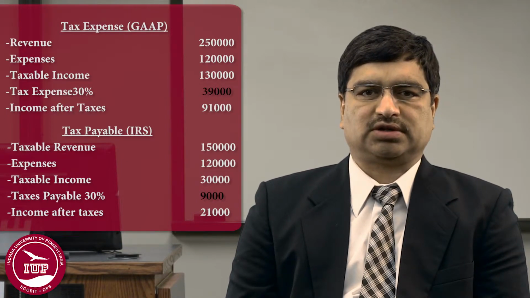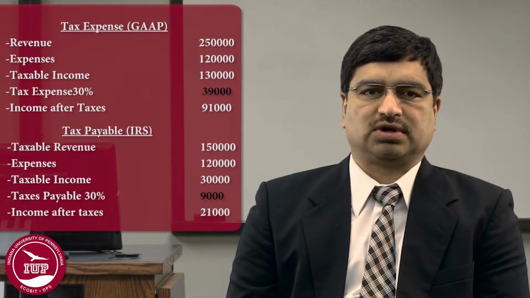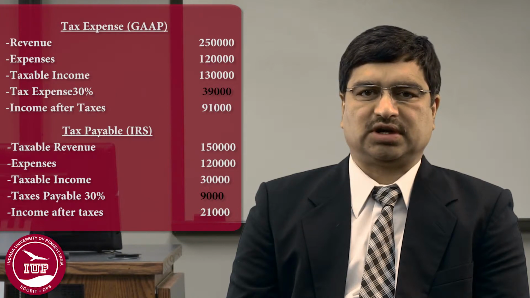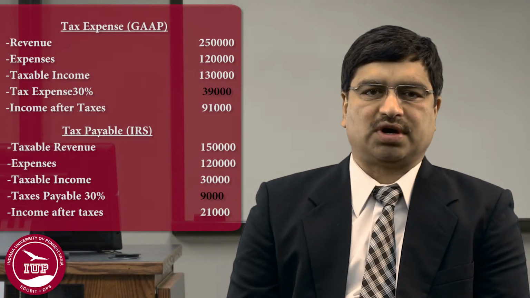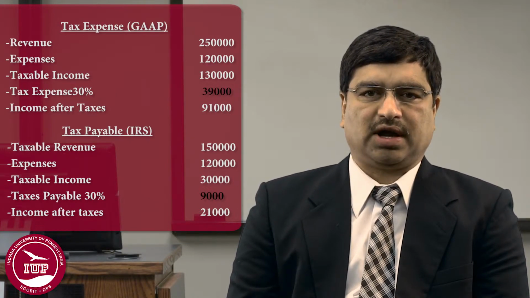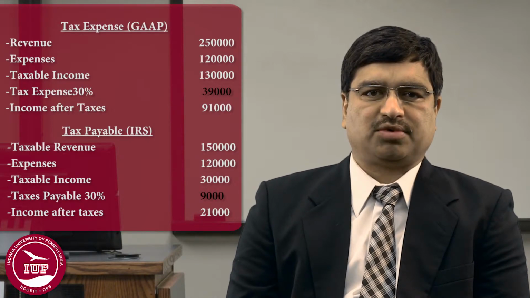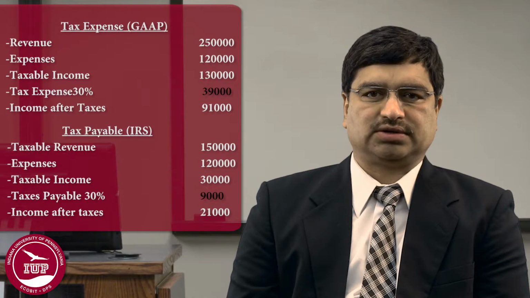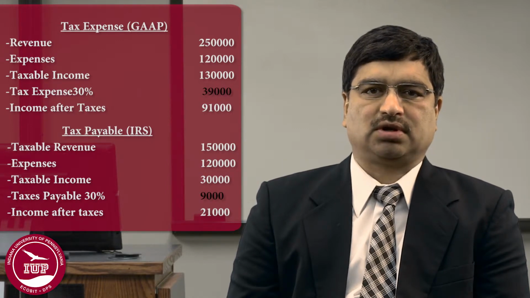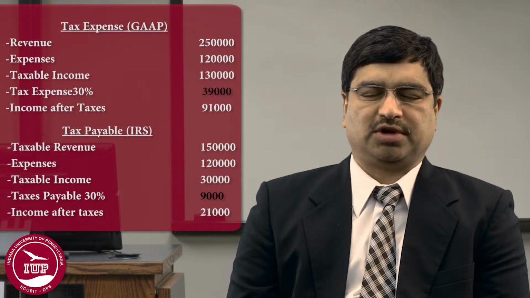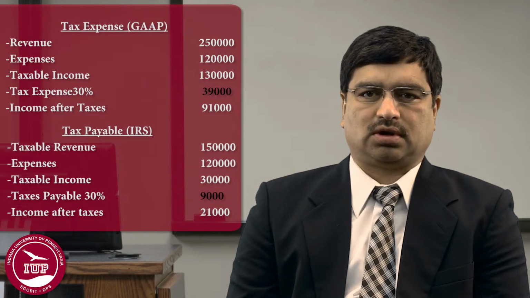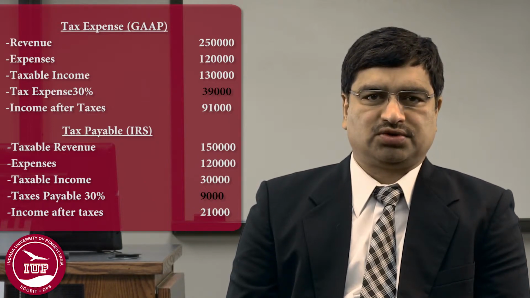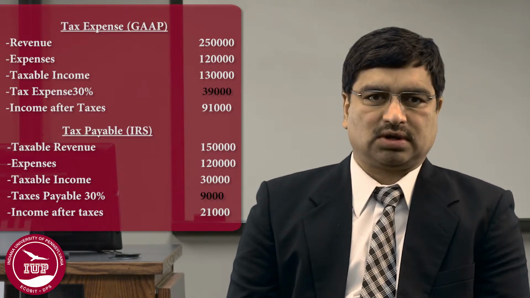So the taxable income under IRS rules is just $30,000 as opposed to $130,000 under GAAP. And at a 30% tax bracket, the tax under GAAP would be $39,000 and taxes payable under IRS will be $9,000. Now you see the difference between $9,000 and $39,000.